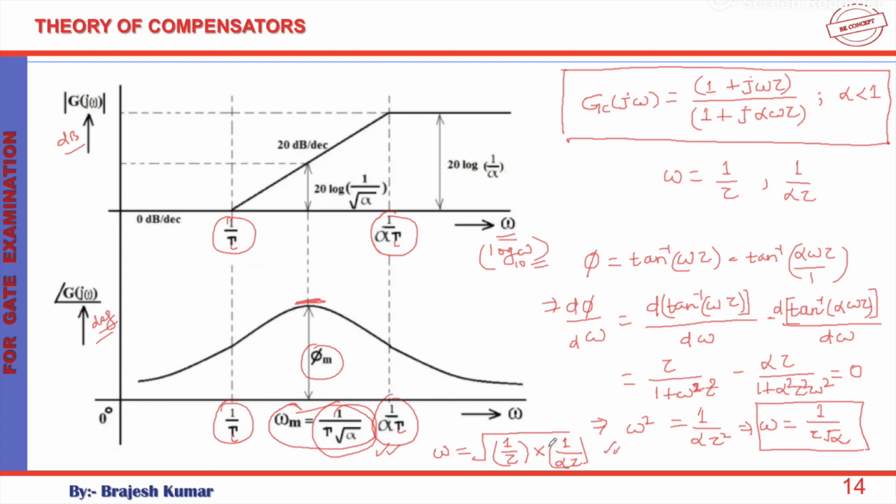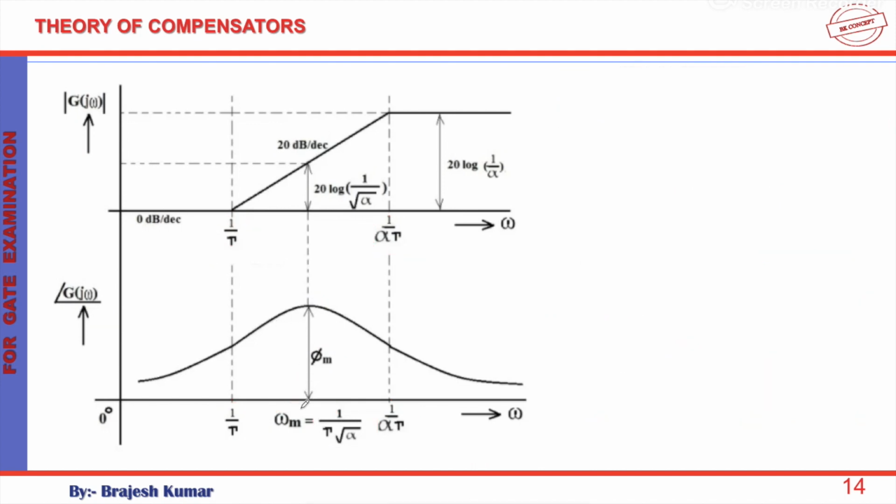Clear? Well, we have just calculated that the maximum phase lead, or the maximum value of phi, which is phi m, is possible at this frequency: omega m is equal to 1 upon tau root alpha.